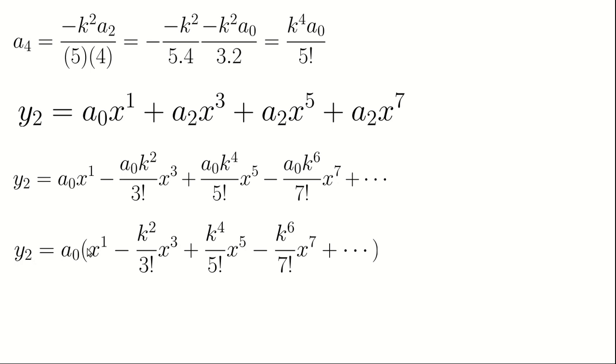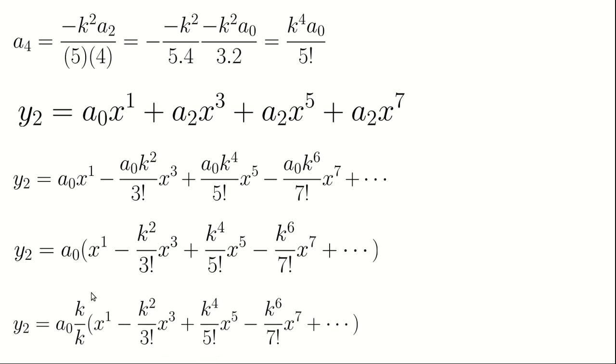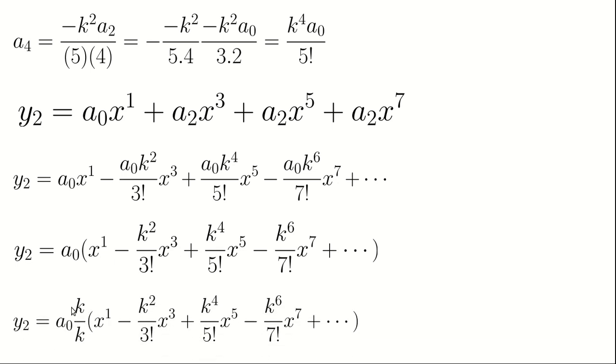But this expression is not a common series expansion. So what we can do is to multiply the top and the bottom by k, and we have this expression. So we can send our k in, so that it becomes kx. This part will become k cubed with x cubed. This part will become k raised to power 5 with x to the 5, and so on and so forth.